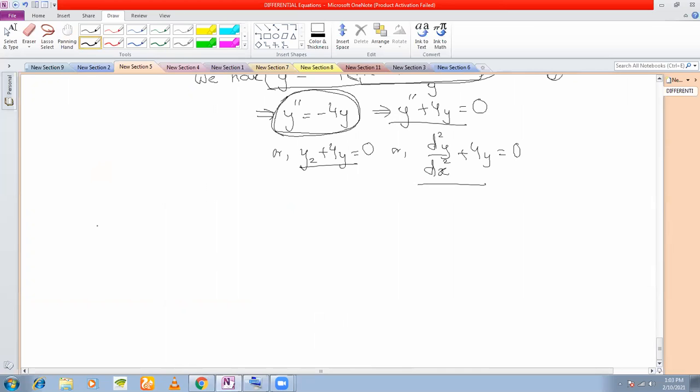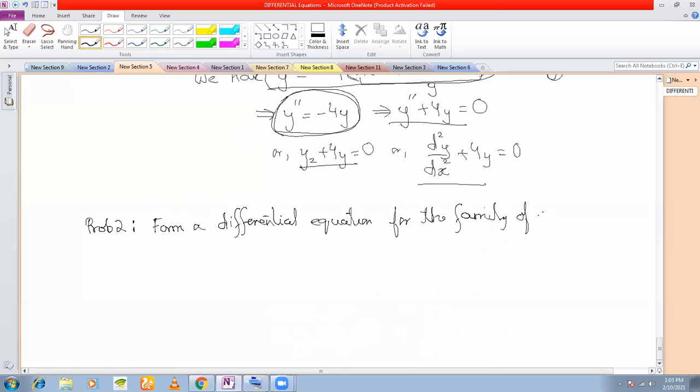Here, the question is: form a differential equation for the family of curves.